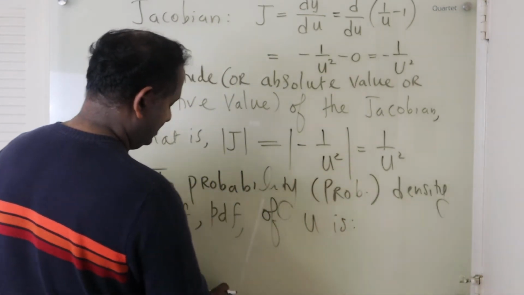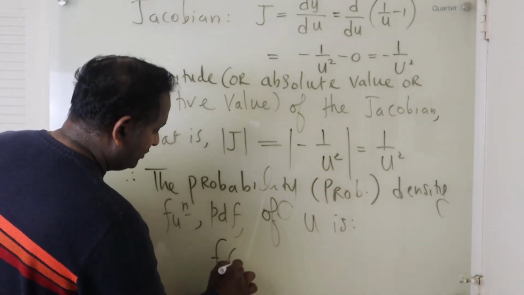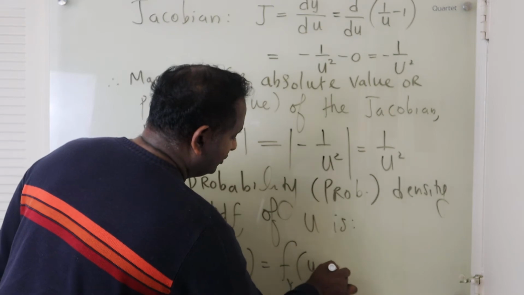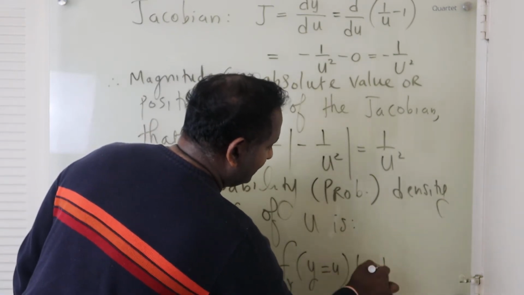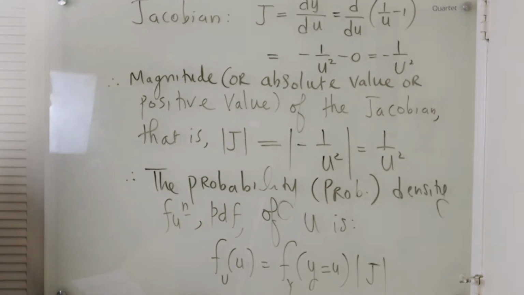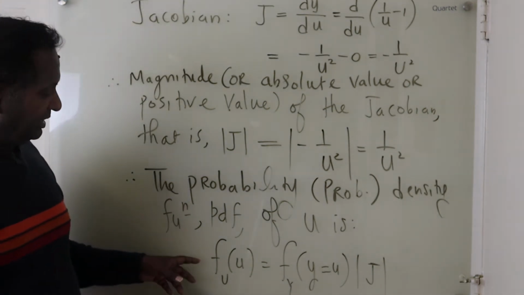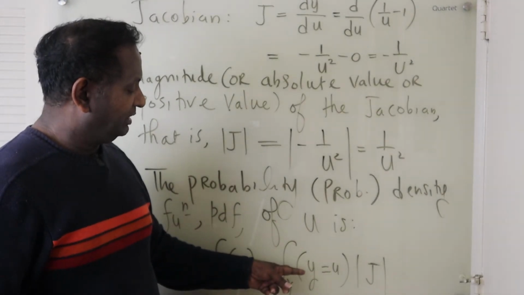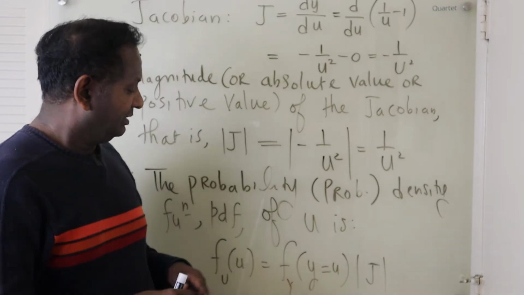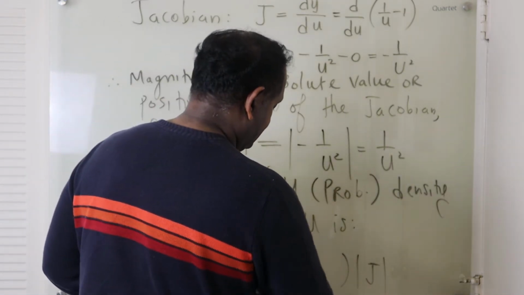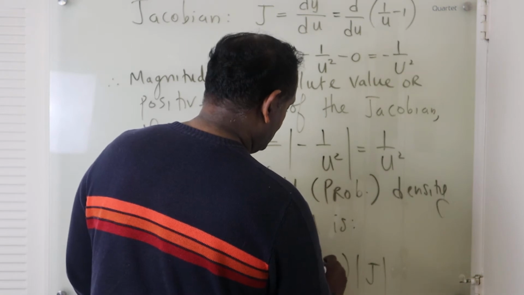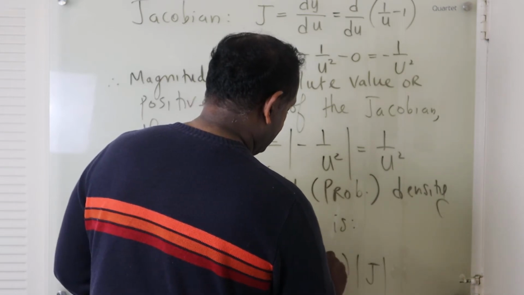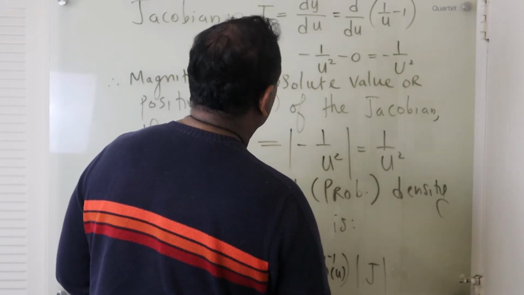Now f of u is nothing but f of y, with y replaced by u, times the absolute Jacobian. Very easy. This is the new PDF and this is the old PDF. But in the old PDF, the independent variable y has to be replaced by the inverse function of u. I'm going to write this as h inverse of u.